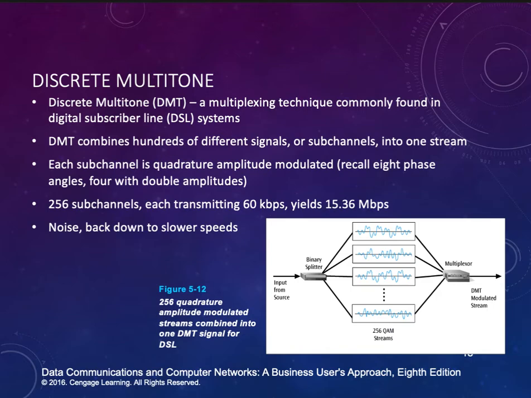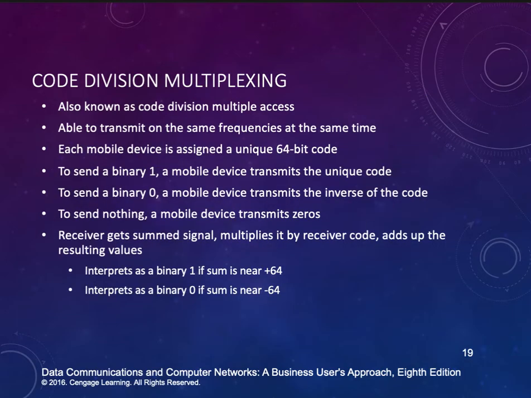As for code division multiple access, it's basically transmitting multiple signals at the same time, using 64-bit binary ones and zeros, with nearly plus or minus 64.